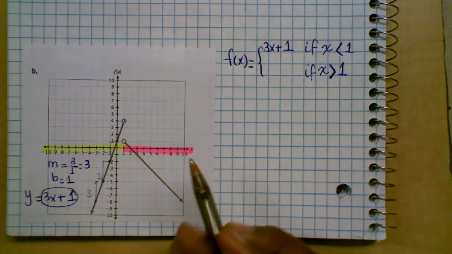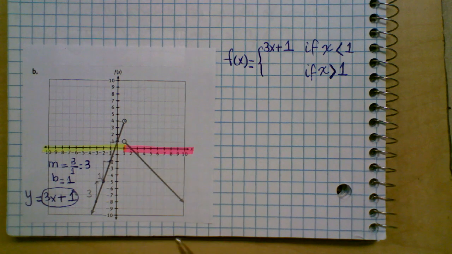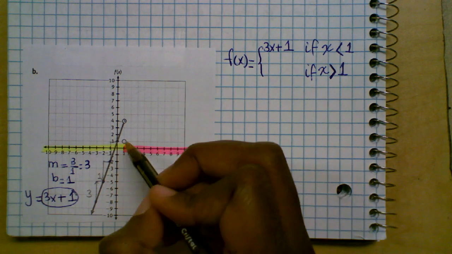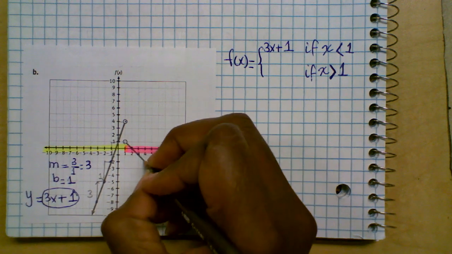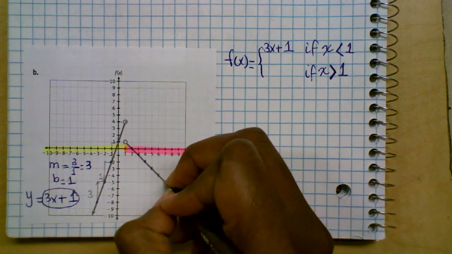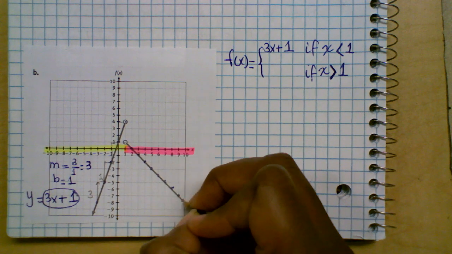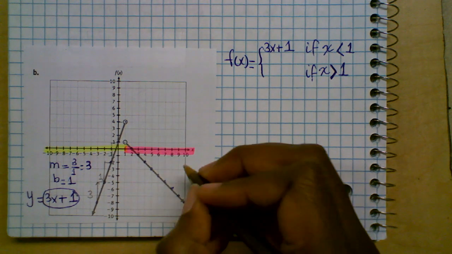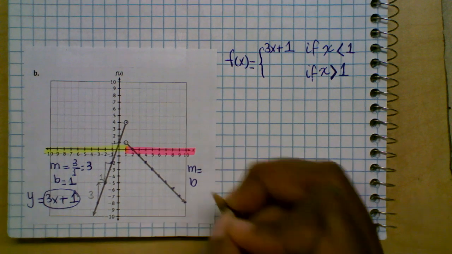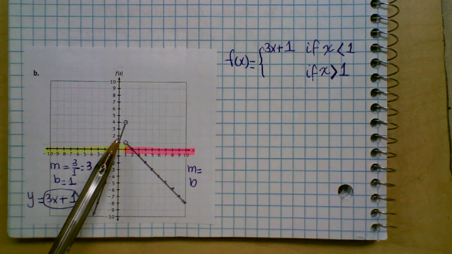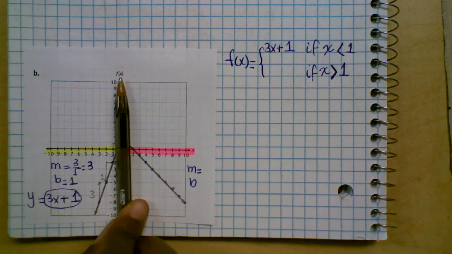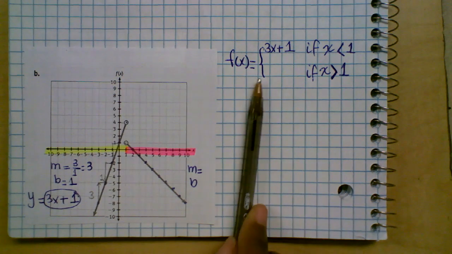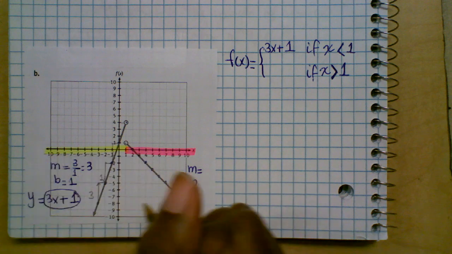Now on the right side, how do we do that? Identify the exact points. I have one here, one over here, so I have a couple of them. Let's find the slope. What is m equal to and what is b? Again, I move from left to right, because we usually read from left to right.